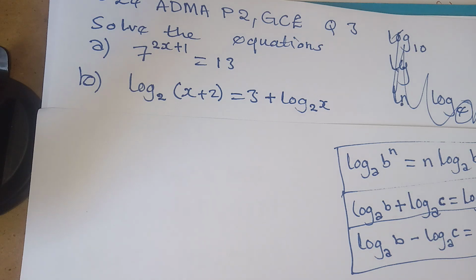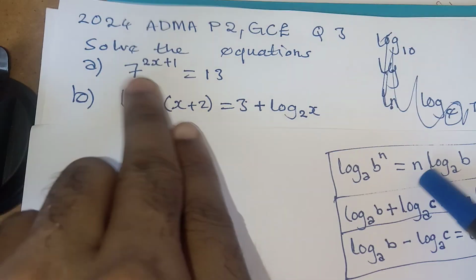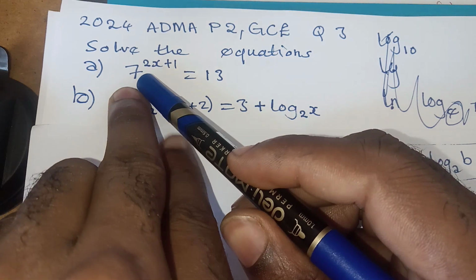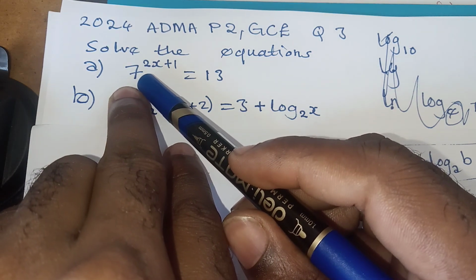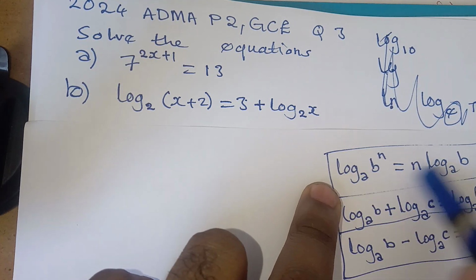To solve such a problem, you can take advantage of this rule. Remember, it's not possible to write 7 in terms of 13 or 13 in terms of 7 using natural numbers. So let's just apply this rule.